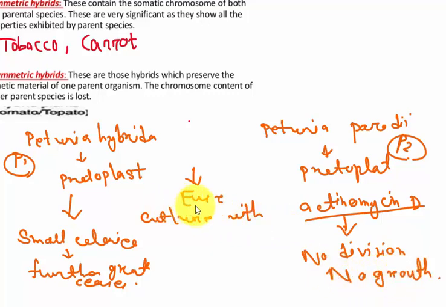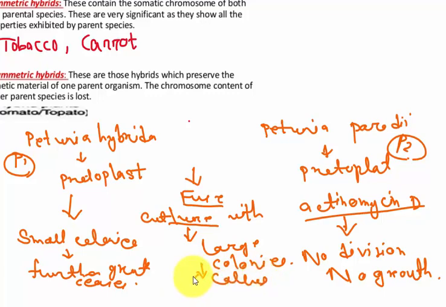But when the fusion occurs and that fusion is cultured in the actinomycin D antibiotic, it will produce a large colony that will give rise to callus for the division. Then the last is the somatic hybrid, that is the desired one. So we can say that the parental species fail to produce colonies, and the division and growth cease.